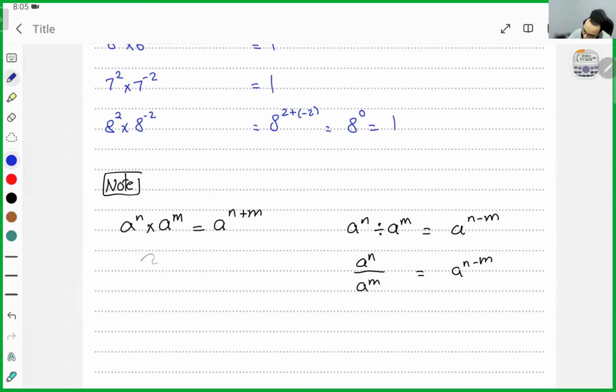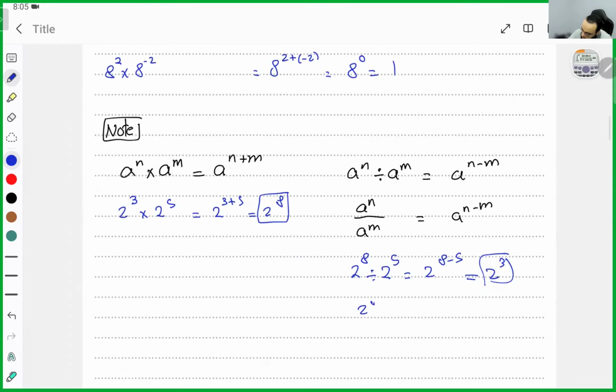For example, 2 power of 3 times 2 power of 5 is 2 power of 3 plus 5, which is 2 power of 8. And 2 power of 8 divided by 2 power of 5 is 2 power of 8 minus 5, which is 2 power of 3. Also the same if it is 2 power of 8 over 2 power of 5.